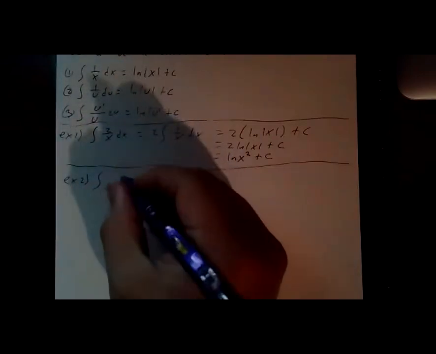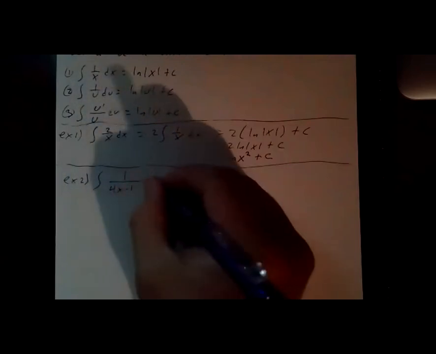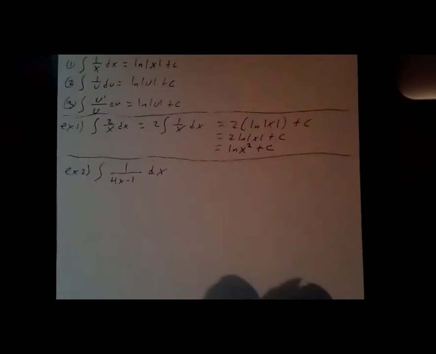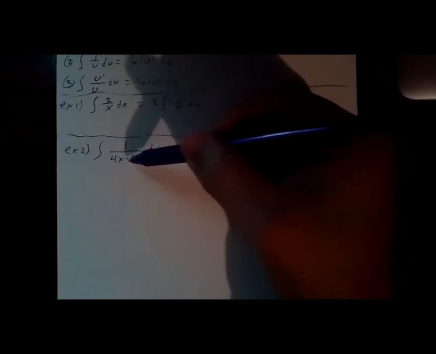Integral of 1 over 4x minus 1 dx. So this whole section is about log rules, right? So we can cheat and try to force this to be a log question. All we got to do is do a u sub of the bottom in order for us to use our log property or log formula.